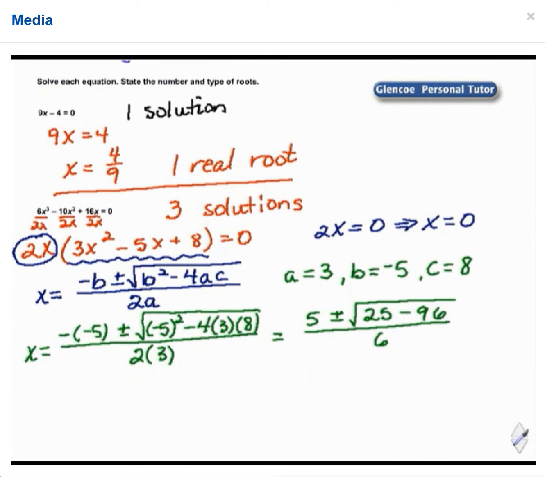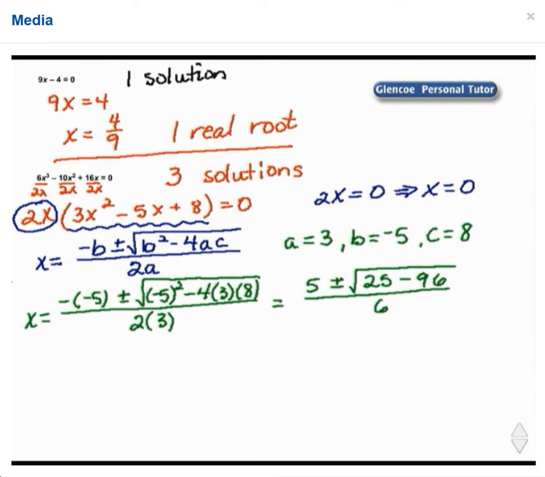Okay, we need to continue simplifying. So we have x equals 5 plus and minus the square root of 25 minus 96, which gives us negative 71, all over 6. And now we have a negative under the radical. We're taking the square root of a negative number. So we need to remember that the square root of negative 1 is equal to i.